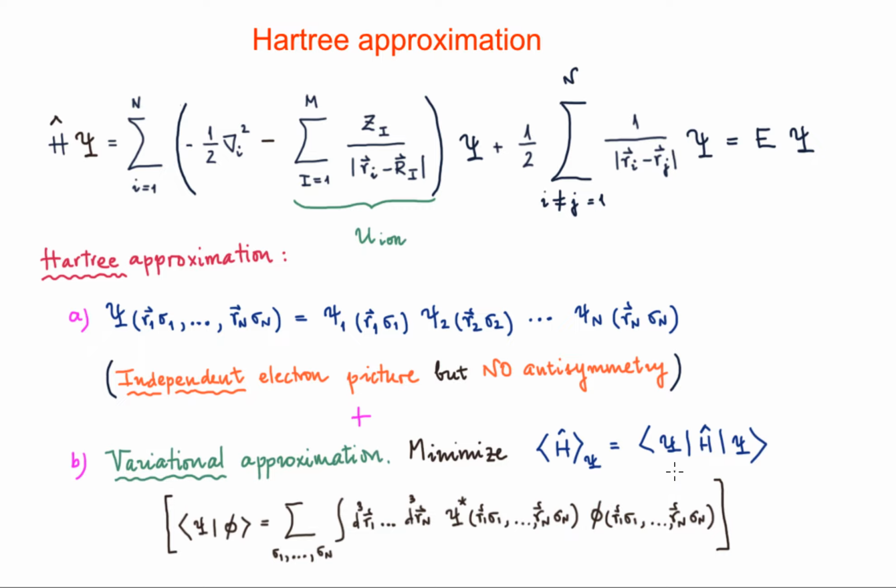For that, it's important to remember that when we make the scalar product of these two wave functions, besides the integration over space, as we have a spin state here, we have to do the summation over the spin states as well. So the first step is to have an expression of the average Hamiltonian for that wave function.